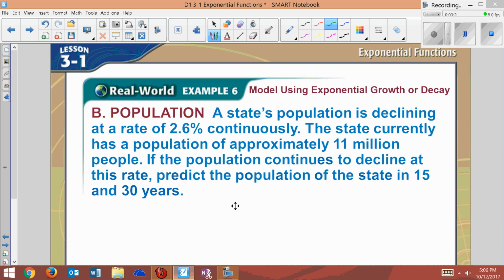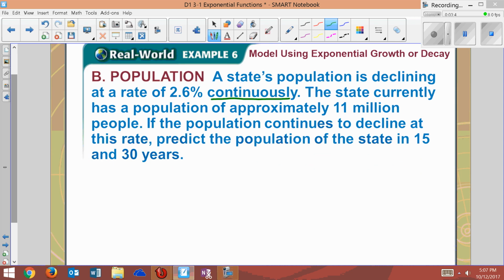All right, and now we have a second part to this. It says predict the population if it does this, but now we're doing continuously, so not annually, continuously. So this would be the formula. It's kind of like A equals Pert, but it's N equals N0 e to the power of kt.